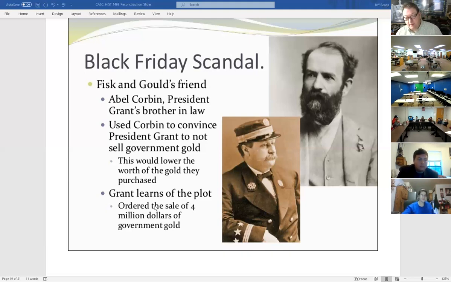This is what happened with Tilden and Hayes. Congress put together a special committee, and the committee voted 8-7 to give the final vote to Hayes. So Hayes won the Electoral College by 1 vote, but he had 300,000 less popular votes.